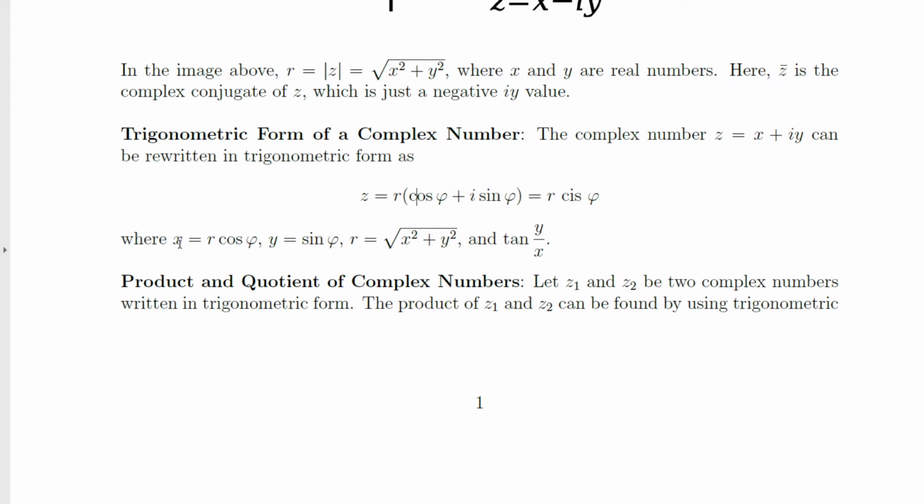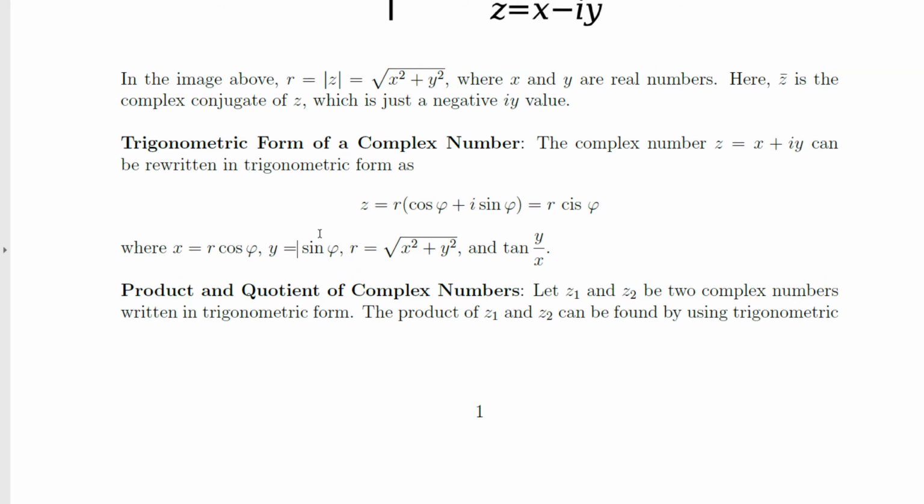And then I've got those defined here. x is equal to r cosine phi. y is equal to sine phi. I think I made a mistake there. I'm missing something. Let me just go back and double check. I think I'm missing an r. Yeah, I am. There should be an r there. r sine phi.